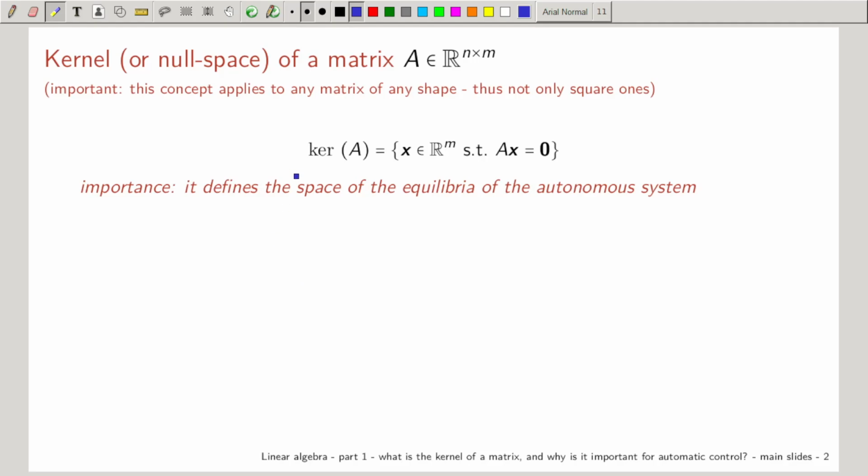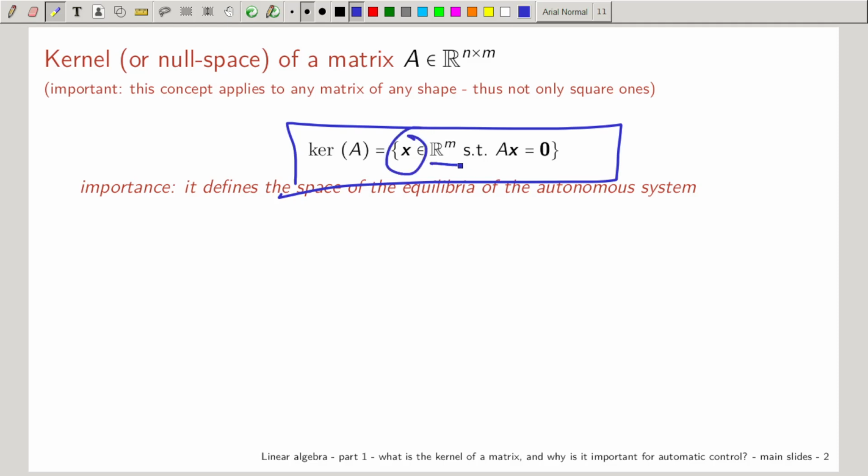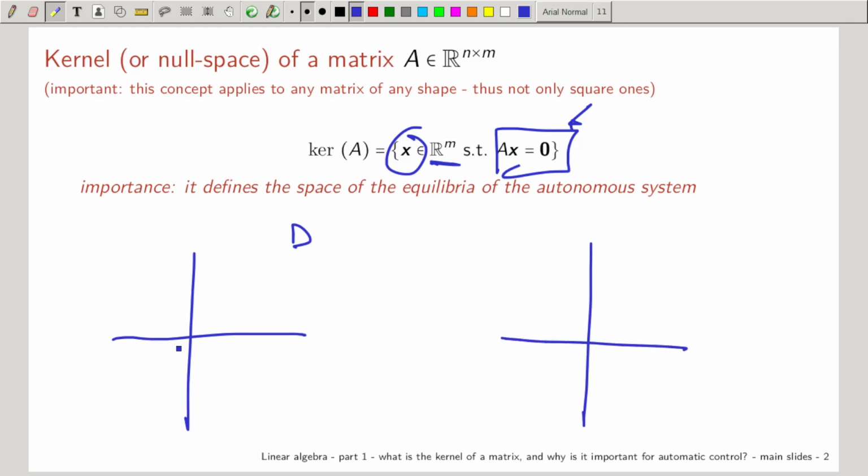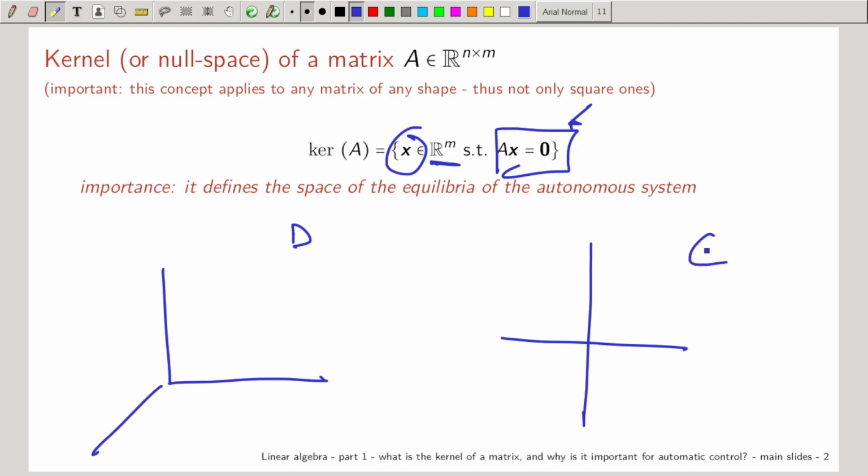Kernel of A: all the x's in the domain such that in the codomain I go into 0. Let's make an example. I have a domain and a codomain. How many A's will I have in this case?